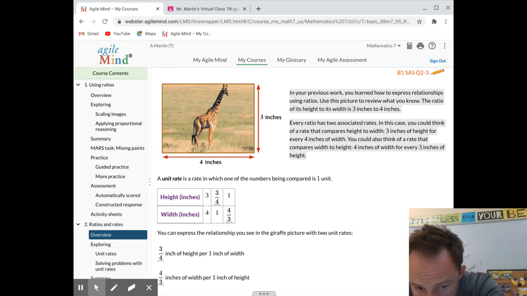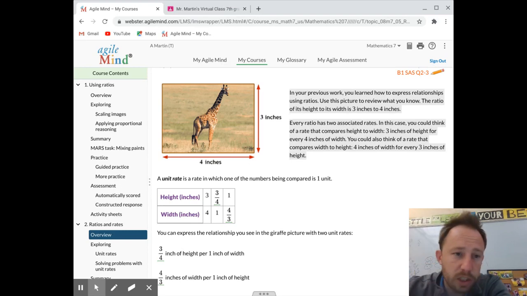We're on page 44. We're on the question right after the one that we just did. It goes from page 43. Question 2, define the unit rate. We already did that. We're on question 3.